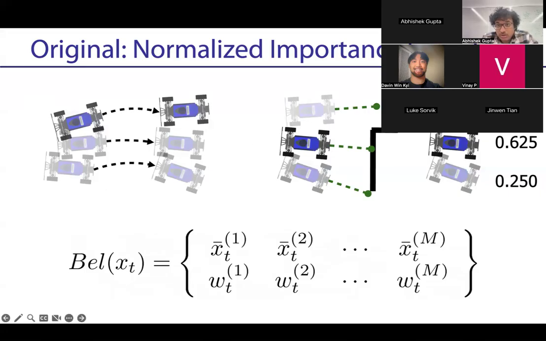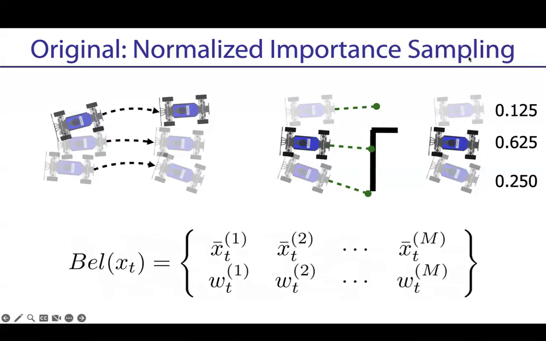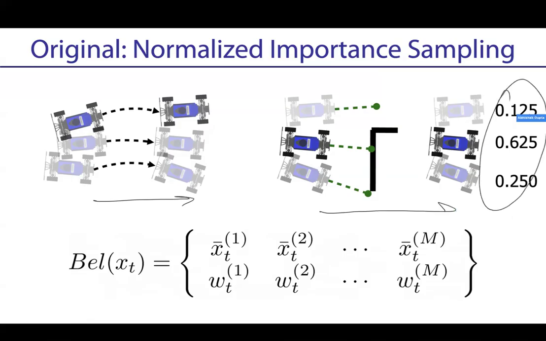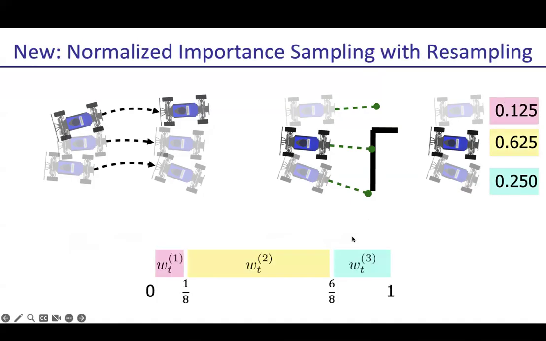Okay, so let's look at an example here, right? If you remember my first example, you did your motion model, right? You moved from this step to this step. Then you conducted your measurement model. Your measurement model gave you a bunch of weights, right? What could happen now in our resampling update is you're going to construct this line, with these divisions according to the probability under each of the weights.